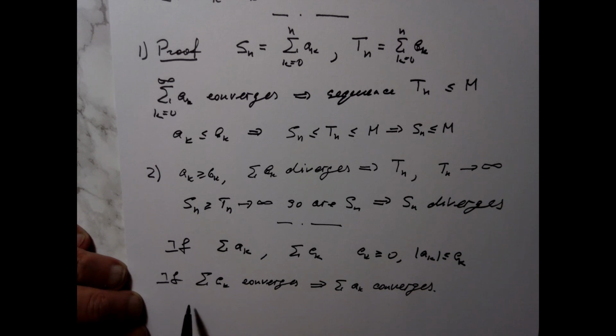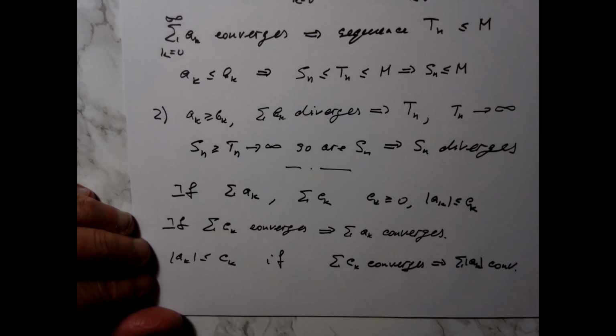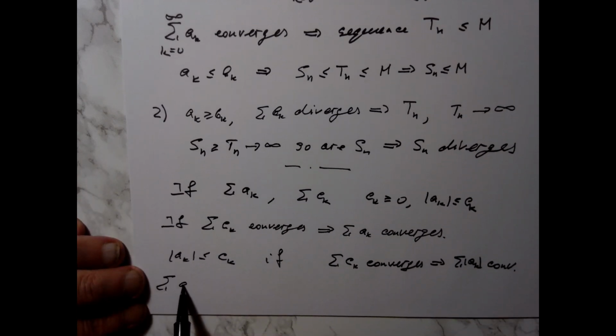We know that the absolute values of AK are less or equal than CK, so CK are automatically positive, and if the series with CK converges, then this series converges. And as I proved to you before, this implies that this series converges.